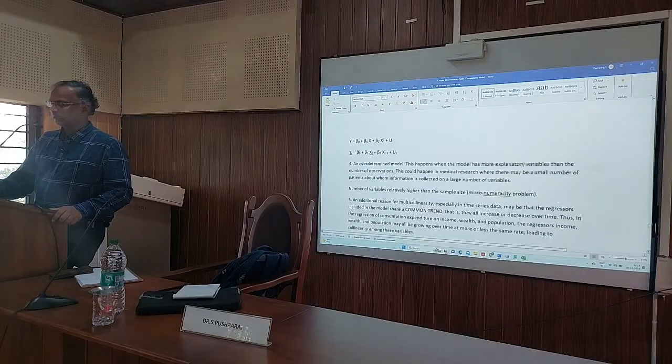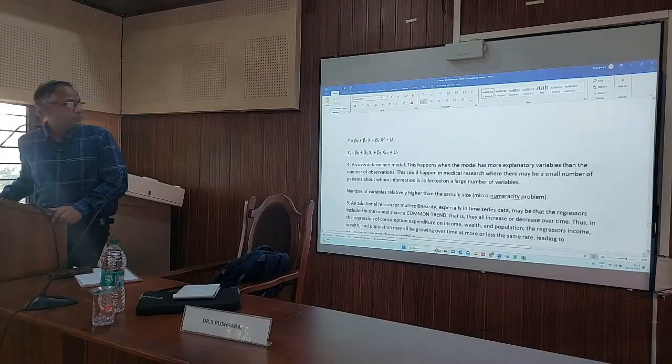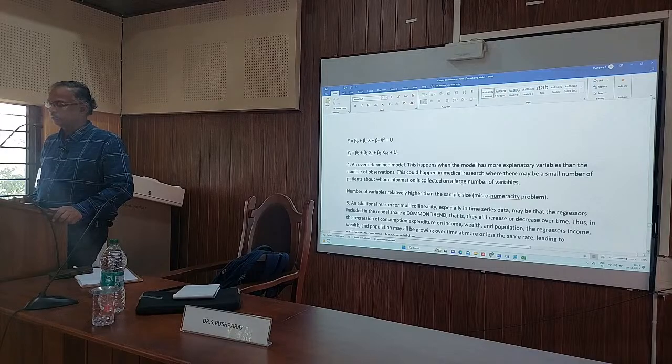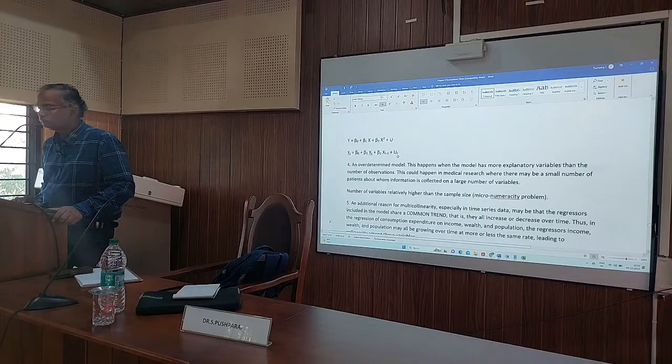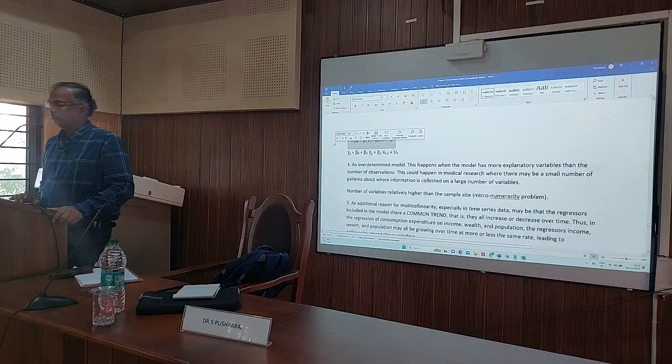So these are the two cases: this one is the distributed lag model, and this is the polynomial model.